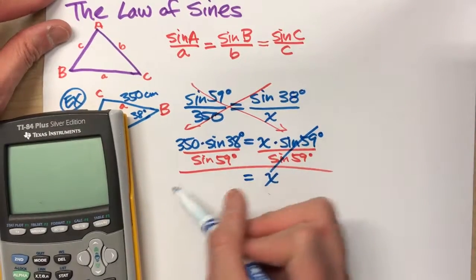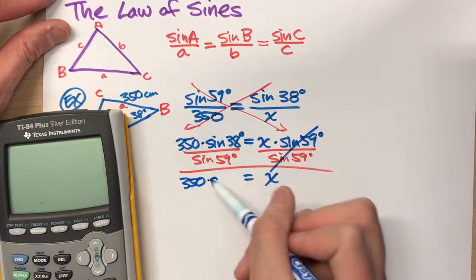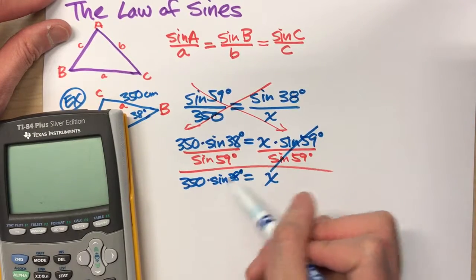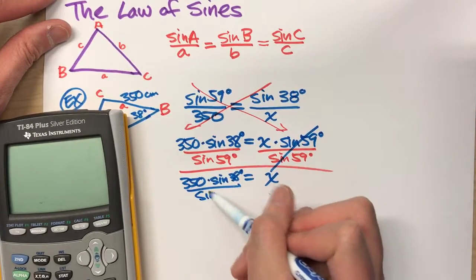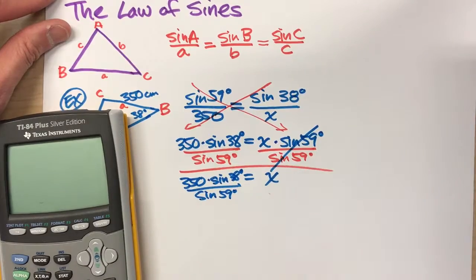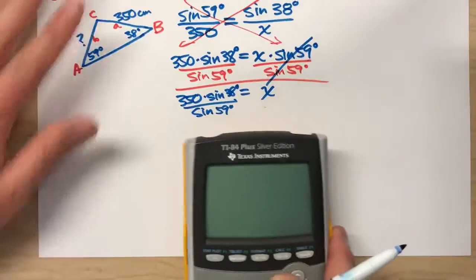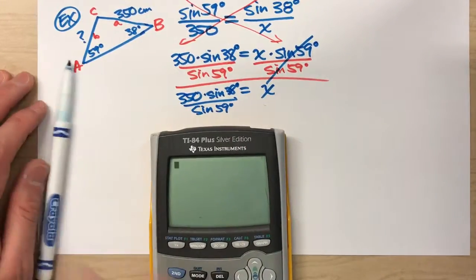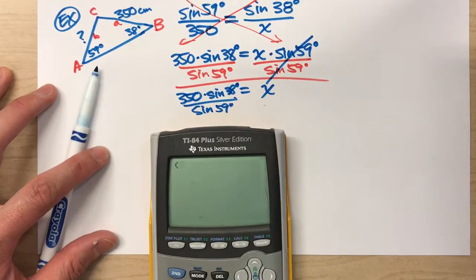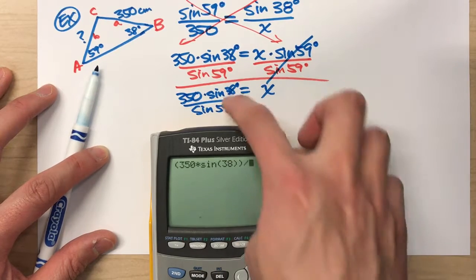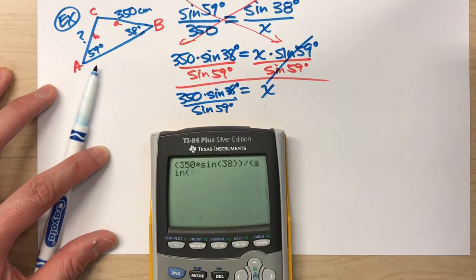So really, this can all just be done on your calculator. Make sure your calculator is in degrees mode because all our angles are in degrees. But we could just type this all in straight into our calculator and find out what it is. I'm putting 350 times sine of 38 degrees in parentheses divided by the sine of 59 degrees.